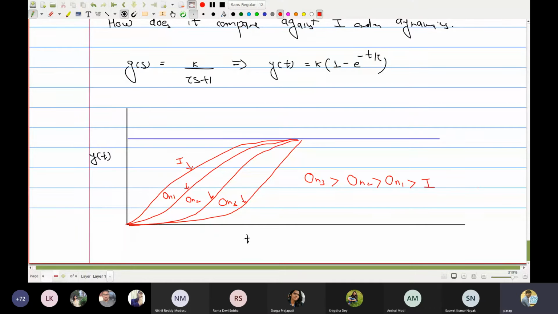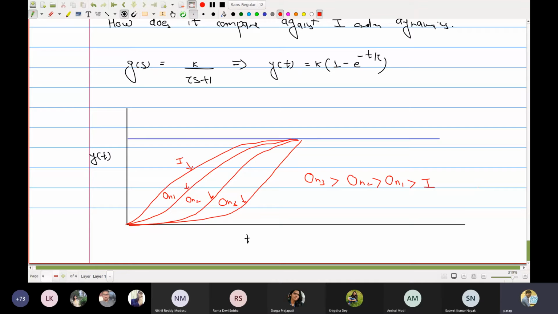If the transfer function is composed of multiplication of individual first order transfer functions, then you are sure that you will not get an oscillatory behavior, rather you will get a monotonous behavior, but that monotonous behavior will always be slower or sluggish compared to the first order behavior. This is what we learn by analyzing the transfer function.